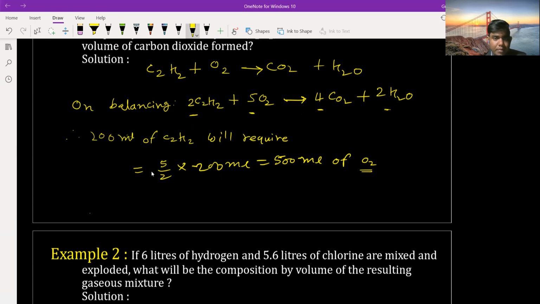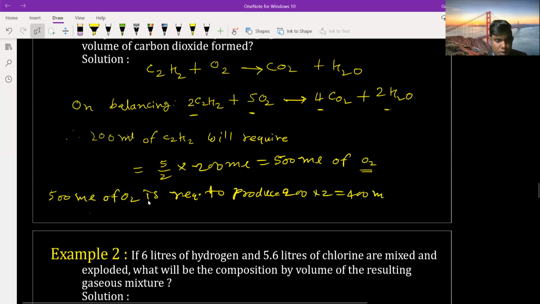Okay, because 500 ml of O2 is required to produce 200 into 2 equals 400 ml of CO2.